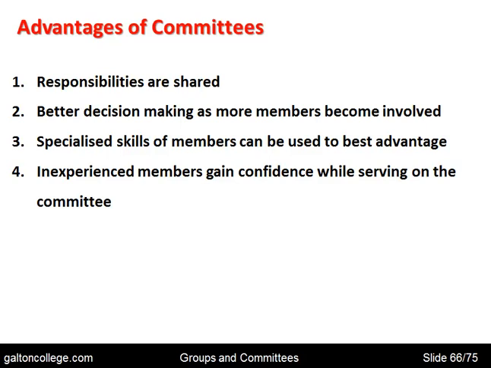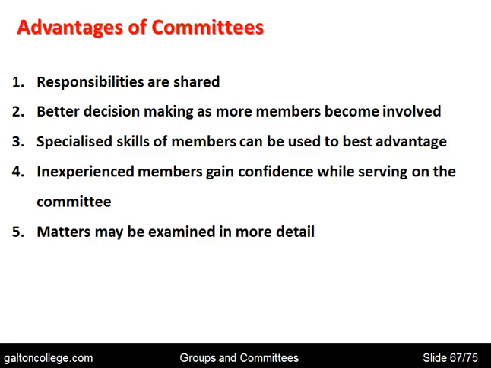But they should be, in a sense, acculturated. They should be taught how the committees work and what are the issues within the committees, and they should learn how committees function and how to make a contribution and how to optimize the work of the committee.